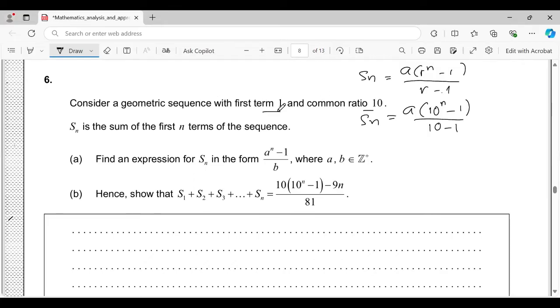And the first term equals 1, so it means a equals 1. So it's going to be 1 multiplied by 10 to the power n minus 1 over 9.